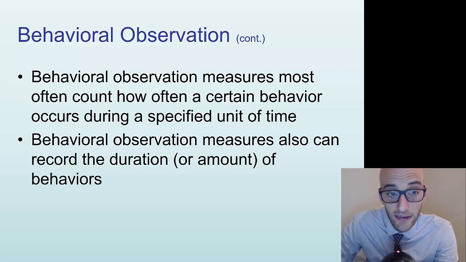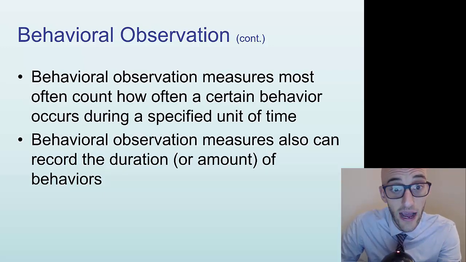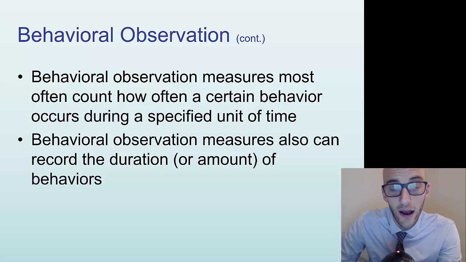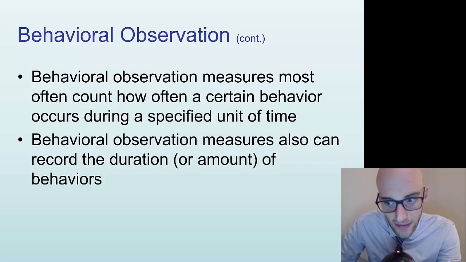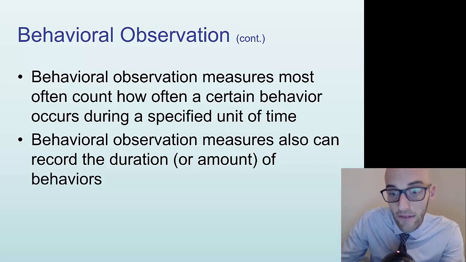Behavioral observation measures most often count how often a certain behavior occurs within a specified period of time. Behavioral observation measures also record the duration or the amount of the behavior. So we could think about number of minutes spent exercising per day, minutes of sleep per night. Those are all behaviors specified within a certain time frame.